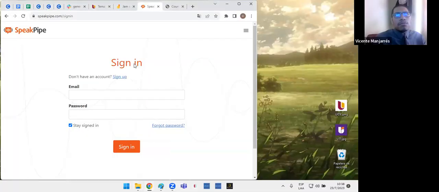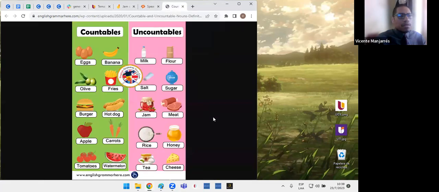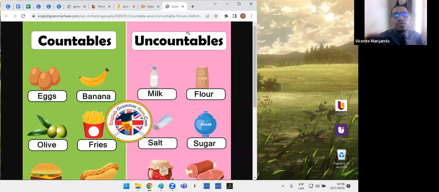So let's check over here. If you remember, we were talking about these special objects or ideas that cannot be counted using numbers. Those are called uncountable nouns, as opposed to countable nouns.